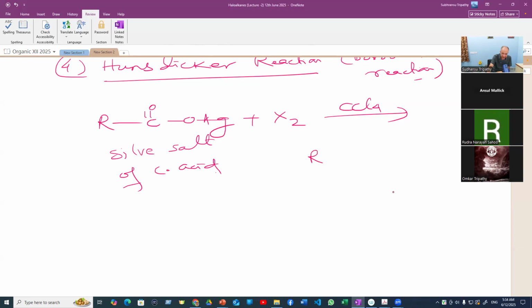Very easily it forms RX plus CO2 gas goes out, and the X gives a precipitate AgX.